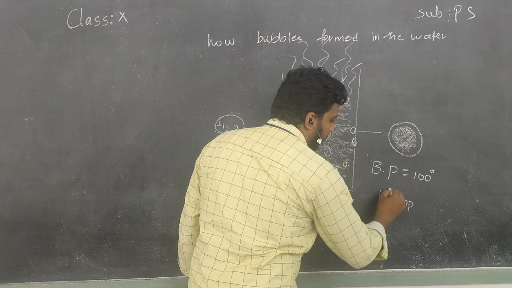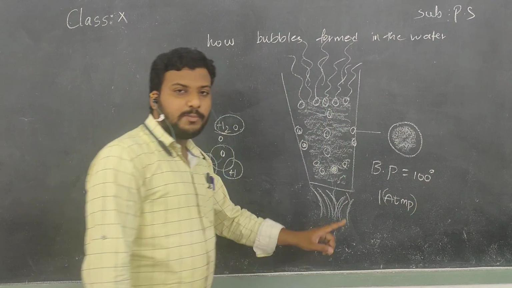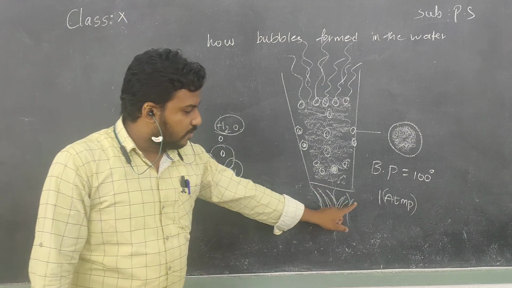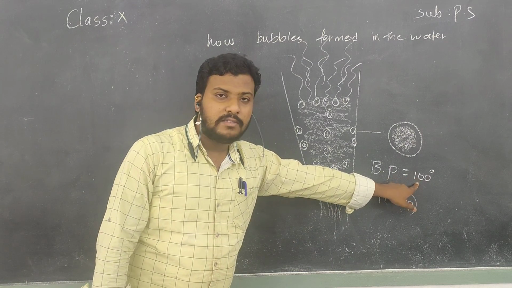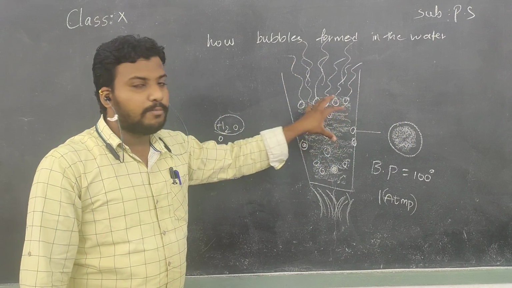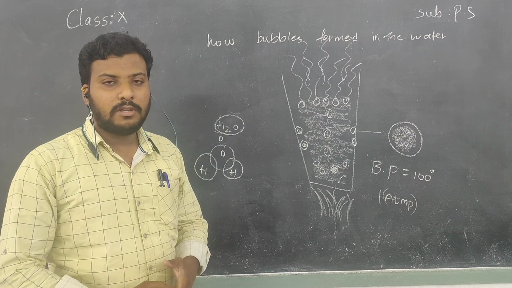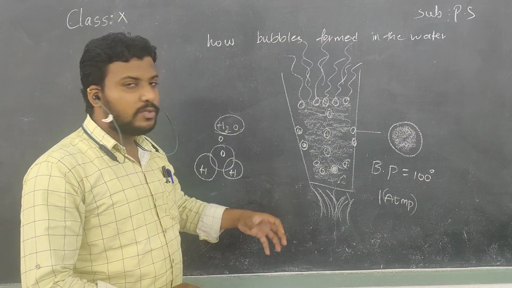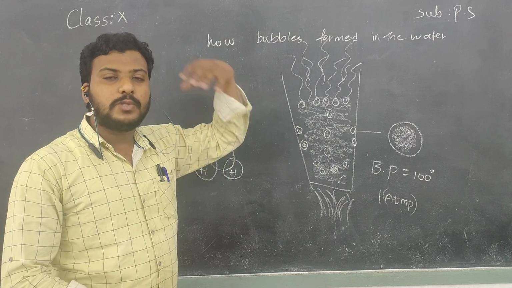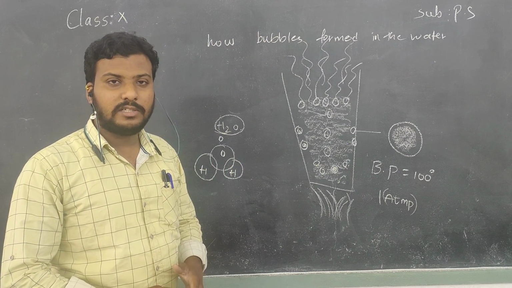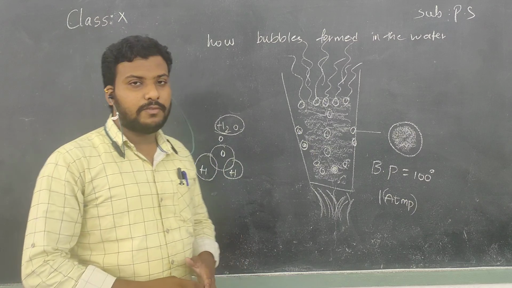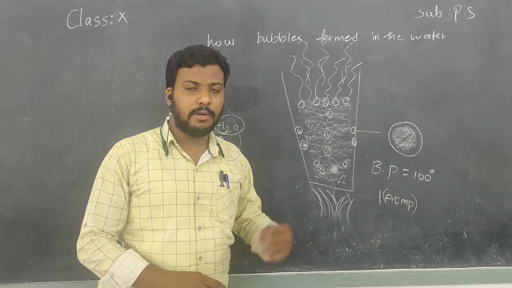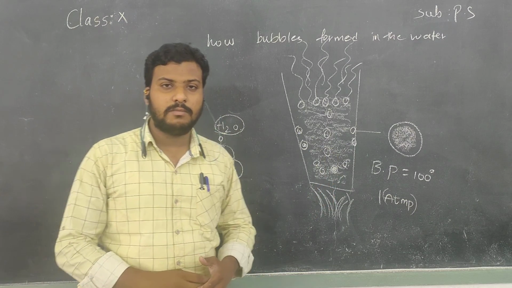I write it in short form as ATM, nothing but atmospheric pressure. At 1 atmospheric pressure and at 100 degrees Celsius, the whole concept of bubbling arises, children. Understand? The bubbles arise and they release vapors into the air. So this is the concept of bubbles arising in the water, children.